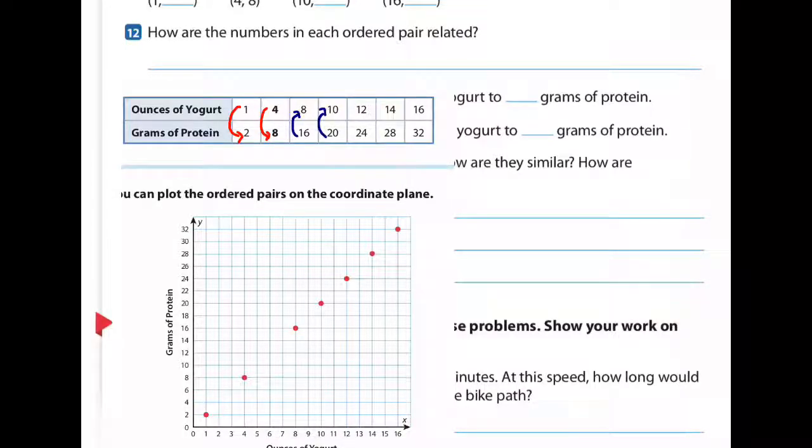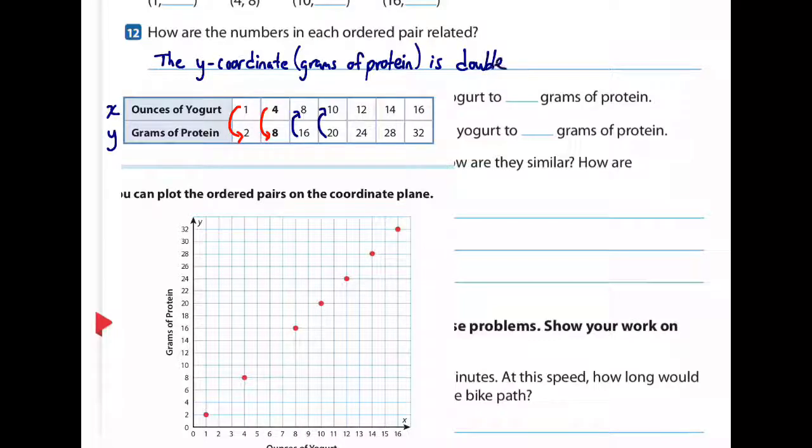So I'm just going to say, and I also know this is the x coordinate and this is the y coordinate, right? So I'm going to say the y coordinate, and I'm going to put in parentheses grams of protein, is double, that means 2 times, the x coordinate.